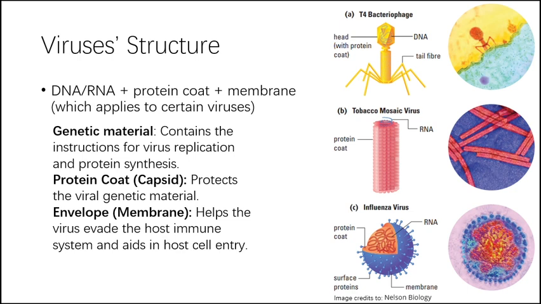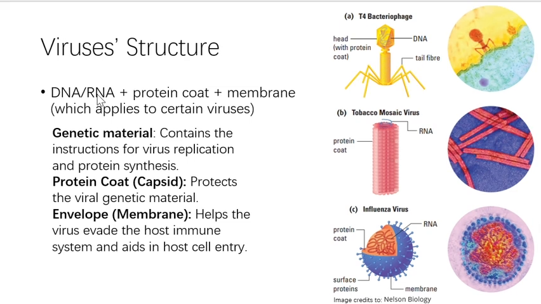In the following slide, I'm going to explain how reproduction happens in viruses. But now let's take a look at the virus's structure. Here I've got some diagrams for you. The diagrams on the left are the simplified diagrams for viruses, and the diagrams on the right-hand side are how they actually look.